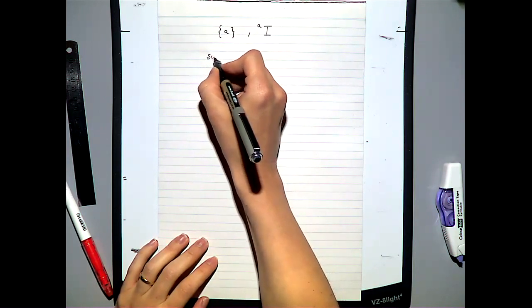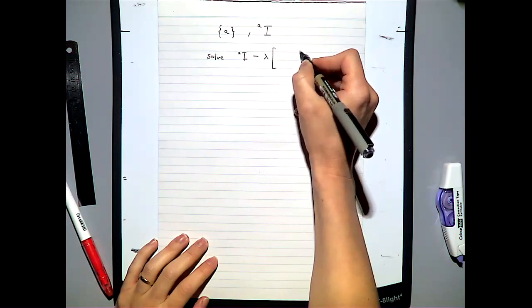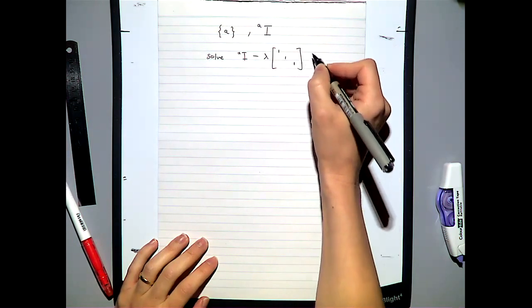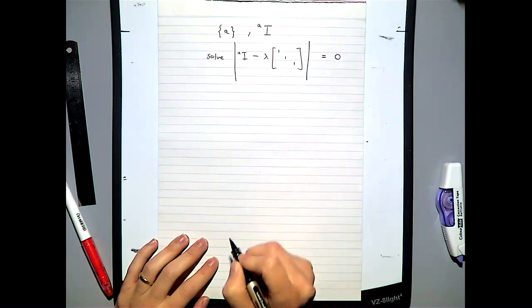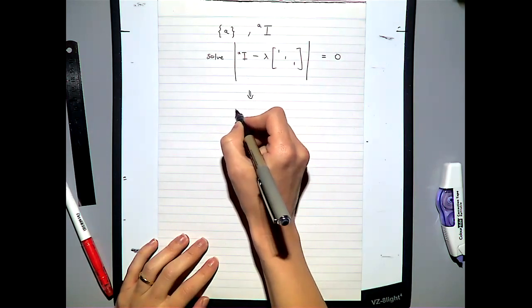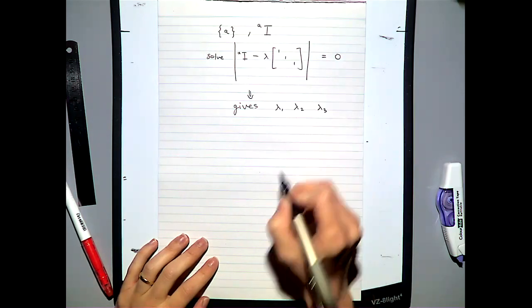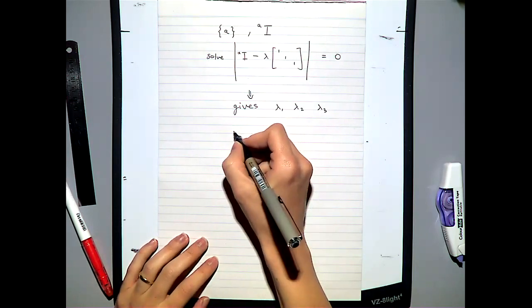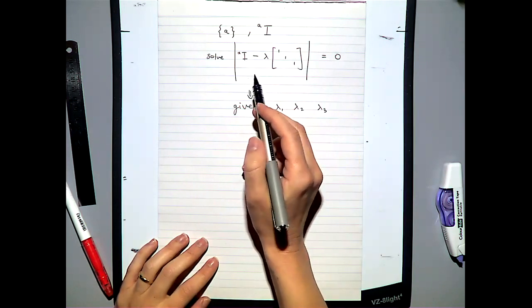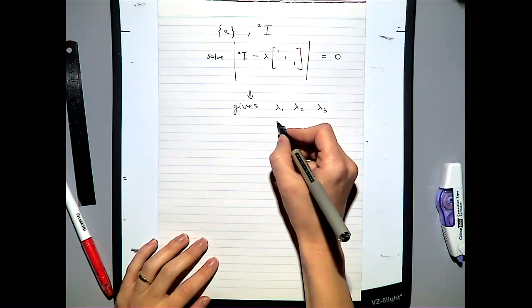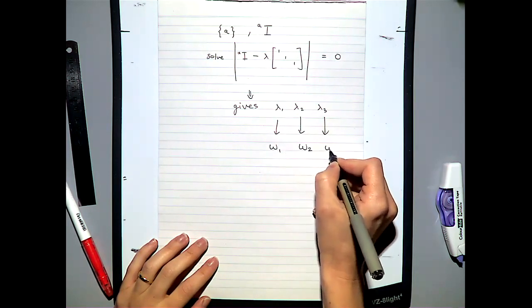Then you solve the determinant of I_A minus lambda times the identity matrix equals 0. That gives you three values of lambda, 1, 2, and 3. And substituting these lambdas back, you will be able to find corresponding values, omega 1, omega 2, omega 3.